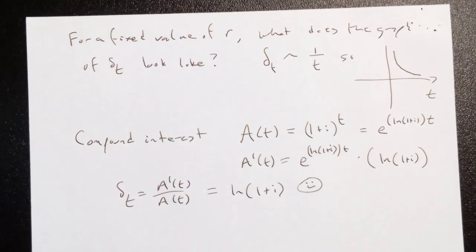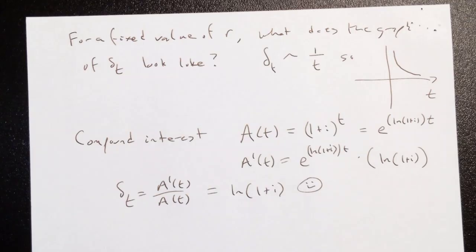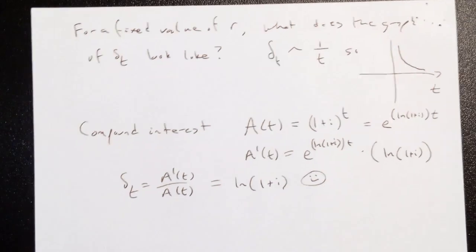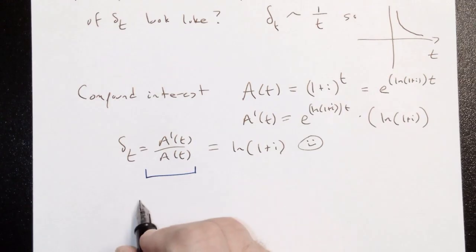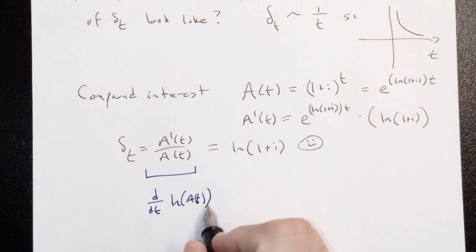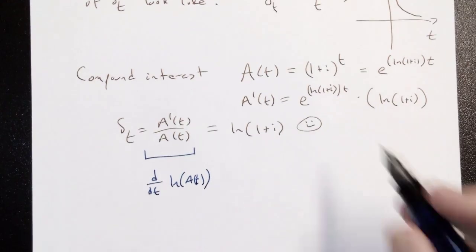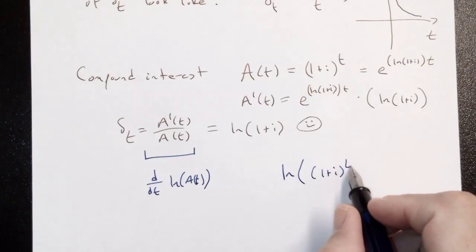Oh, hey, wait a second. I have a sneaky comment. Taking this derivative is a pain in the neck, right? Taking the derivative of 1 plus i to the t. But this formula is also the derivative of ln of a of t, right? What's ln of 1 plus i to the t?